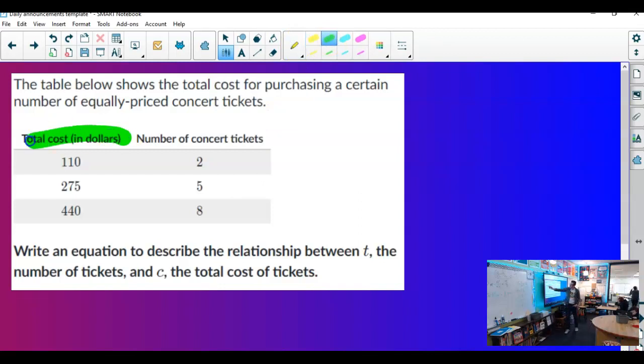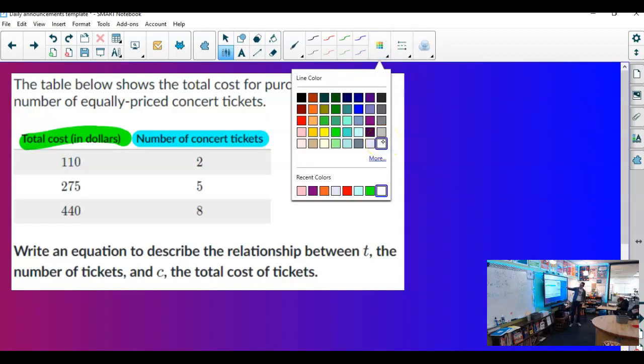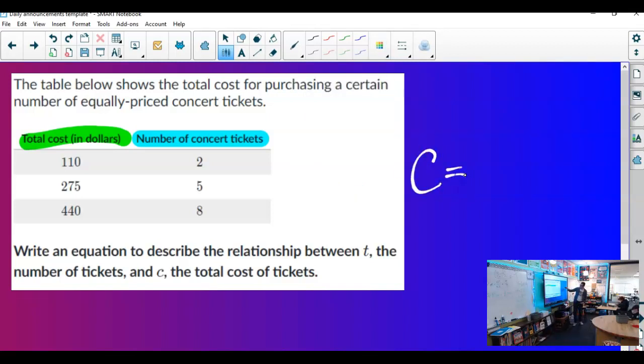So, we've got cost, we've got tickets. My advice to you is start with the bigger number, but I'm not even going to use the number, I'm just going to use that thing. So, C is cost. The cost is something times the number of tickets.